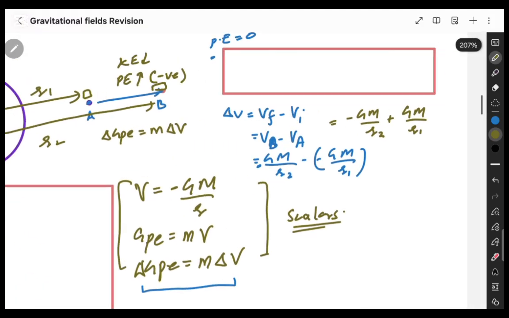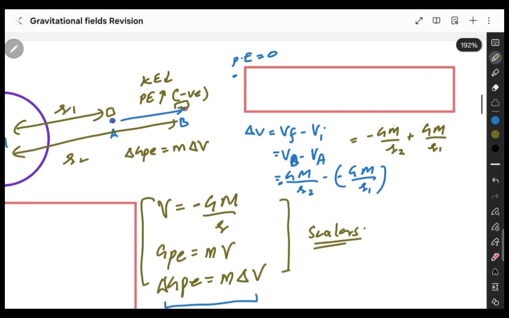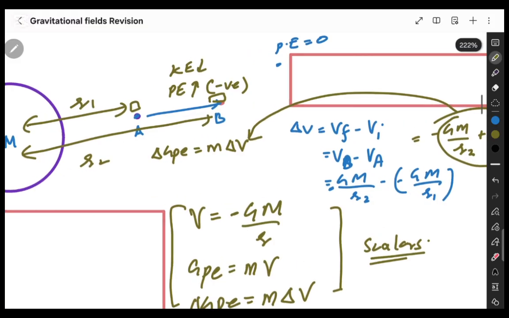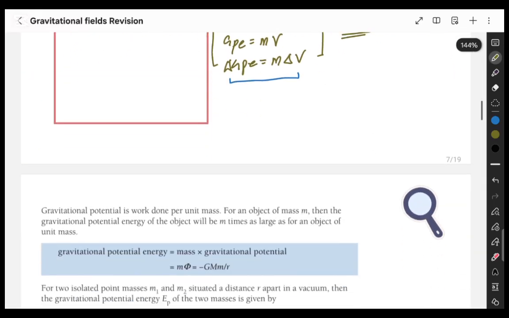Then I'm going to take this entire value and plug it in here, times the mass of the object I'm moving. That's pretty much all we have to do. There are a lot of good questions on this that they like to ask, so just be prepared for these types of questions.